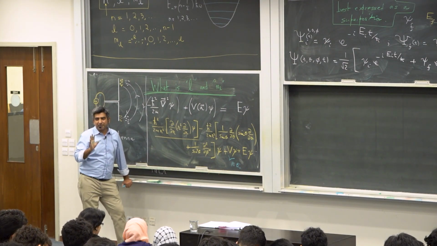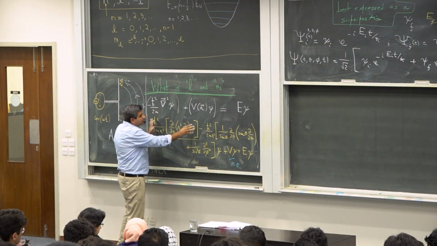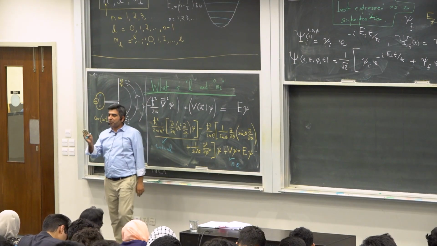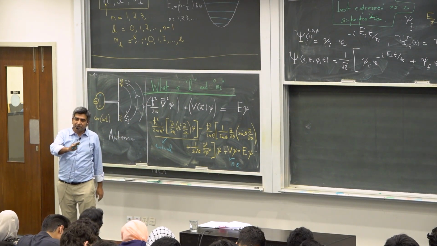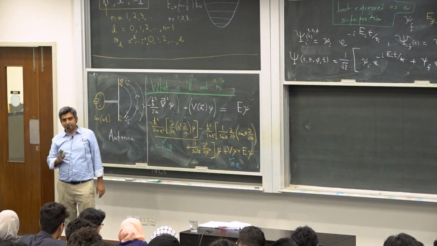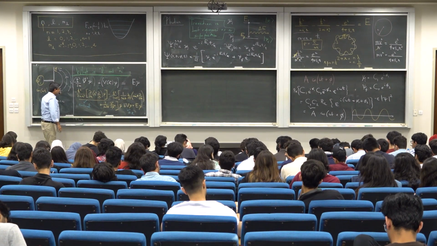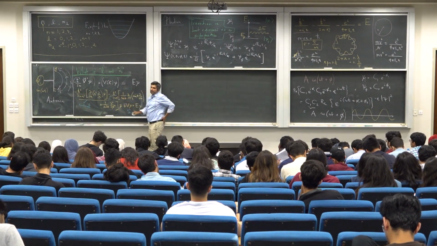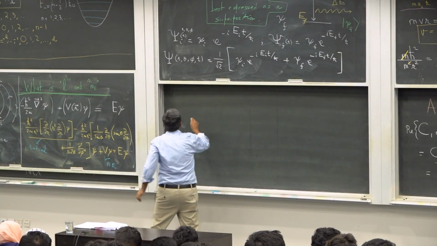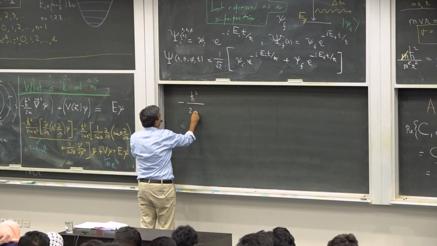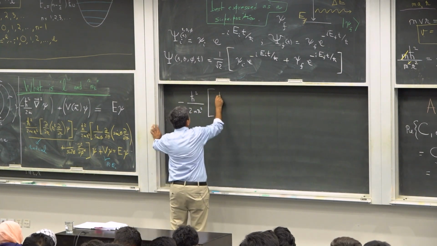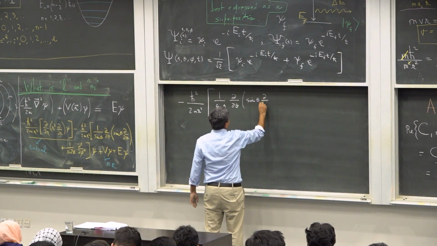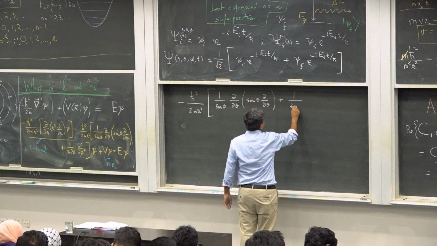So if I were to do that again, I will have minus h bar square over 2m, the radial term, and then minus h bar square over 2m r square, 1 over sine theta, plus 1 over sine square theta, all of this acting on psi, plus V acting on psi gives me E acting on psi.